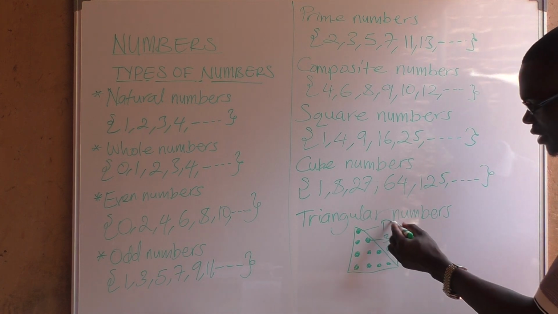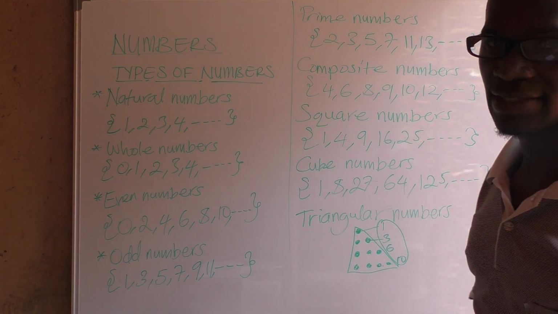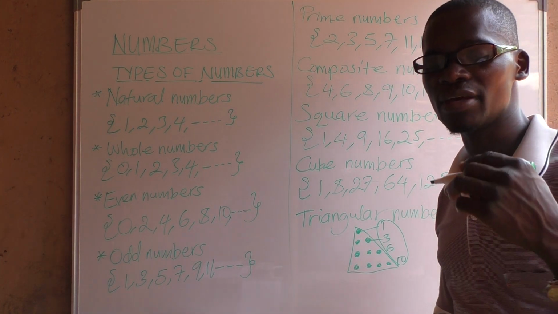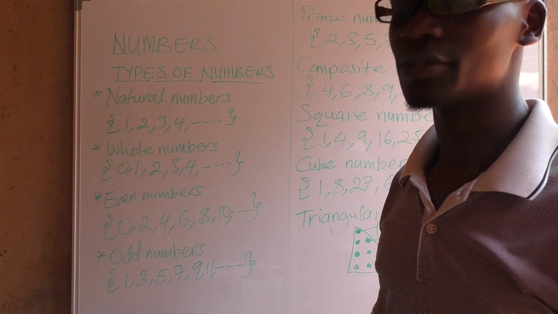So these are what we call triangular numbers. Numbers that can be represented by the pattern of dots.